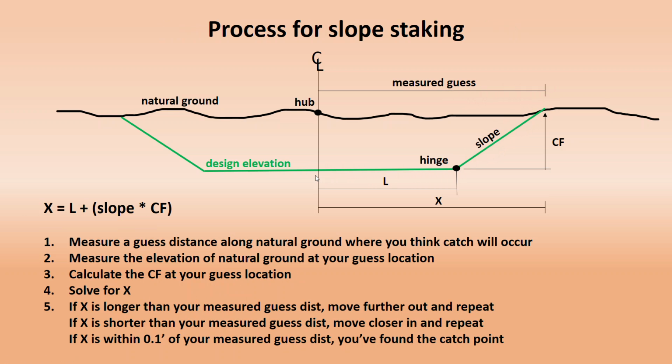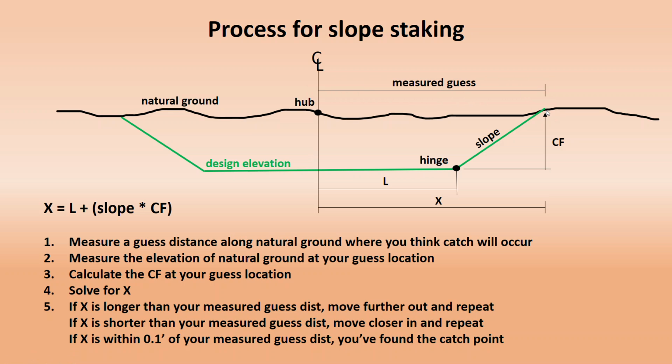Step 1 is to take that guessed distance and measure it along the natural ground. Step 2 is you need to know the elevation of your natural ground at the point that you're guessing. Because you don't have the equation of the ground, you don't know what the elevation is without measuring it.